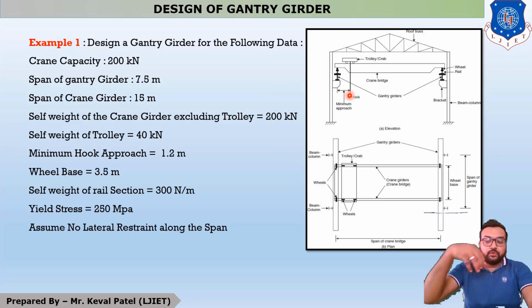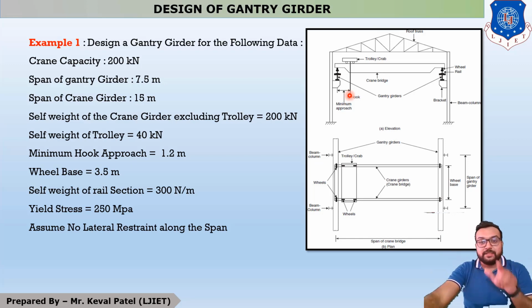In the hook load, you consider the maximum load lifted by the hook, which is called the crane capacity. The second is impact load, the third is surge load, and the fourth is braking load.